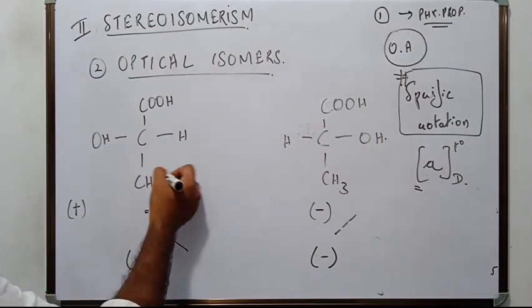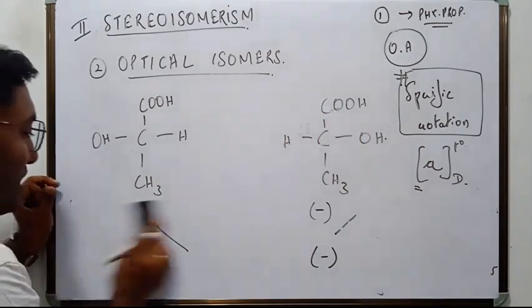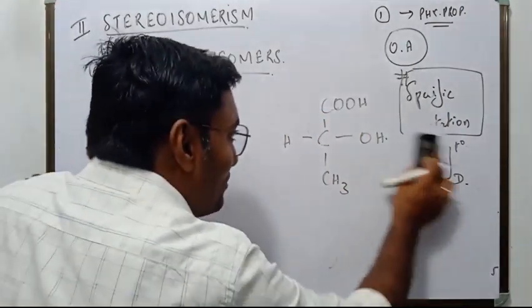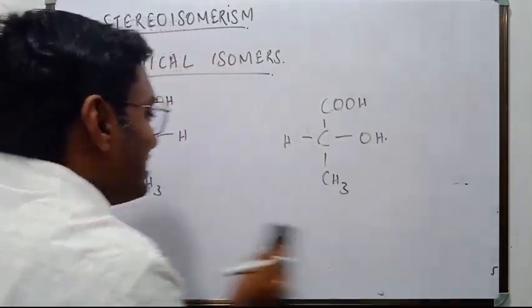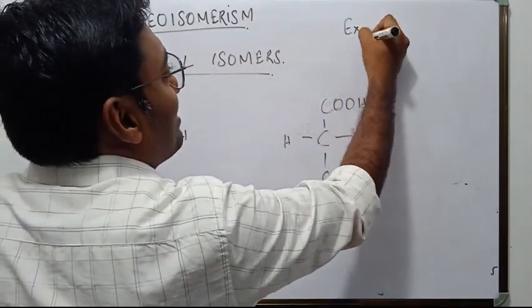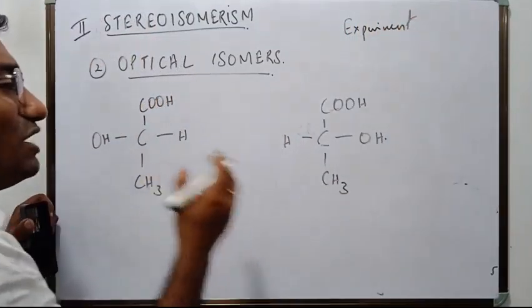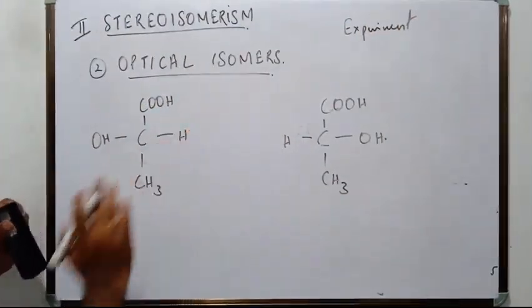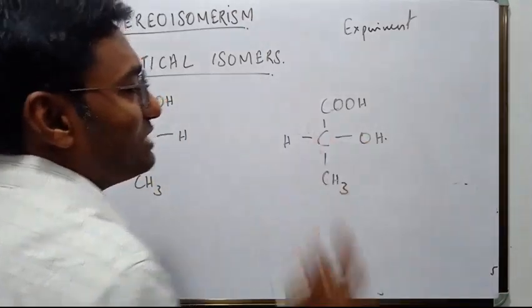This is lactic acid and this is also lactic acid. Plus and minus, I don't know. The way to know whether it is the plus isomer or the minus isomer is only through experiment in a polarimeter. That means you have to make its solution and pass the plane of polarized light through this solution to know whether it is a plus isomer or a minus isomer.